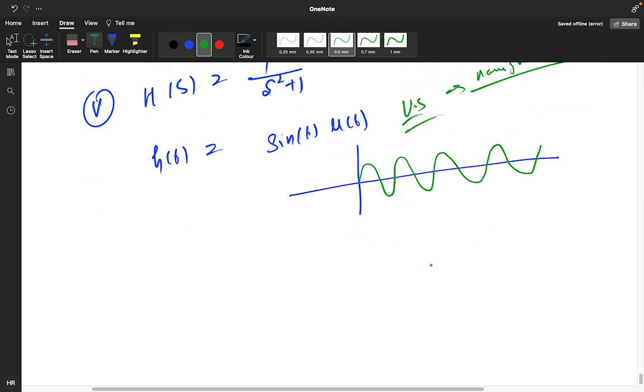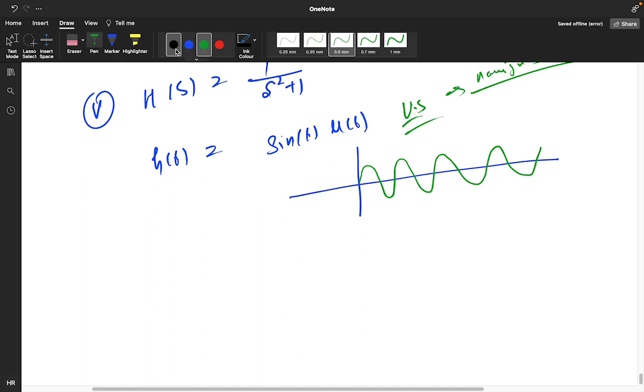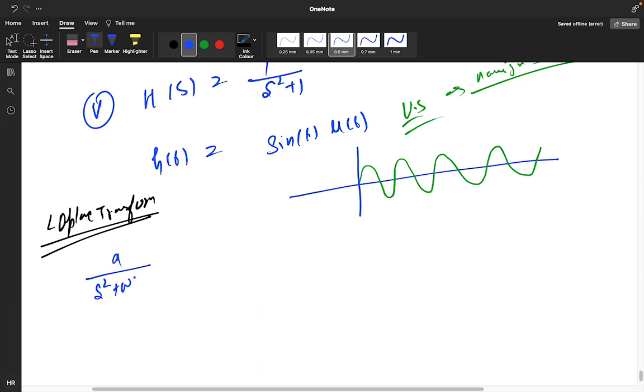Okay, now write down some formulas. I will give you Laplace transforms, because Laplace transforms are used very much. A divided by s square plus omega square is the Laplace transform of sin at u of t.